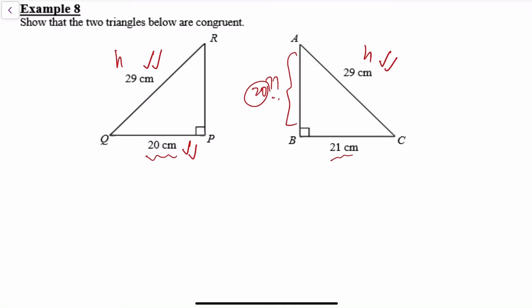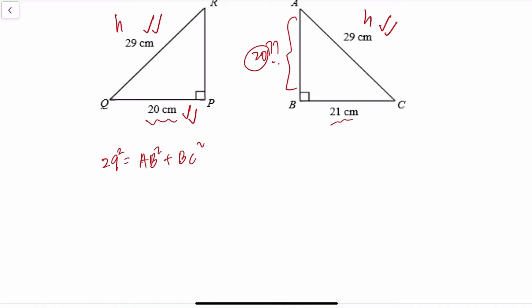I'm going to find out. So 29 squared is equal to AB squared plus BC squared. Let's not write BC squared, let's just write down 21 squared. So I will get that AB squared is equal to 29 squared minus 21 squared.